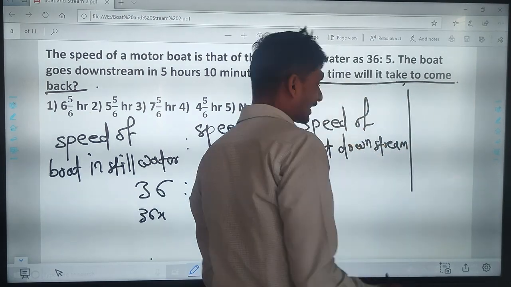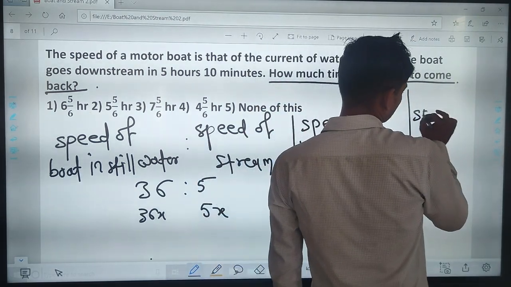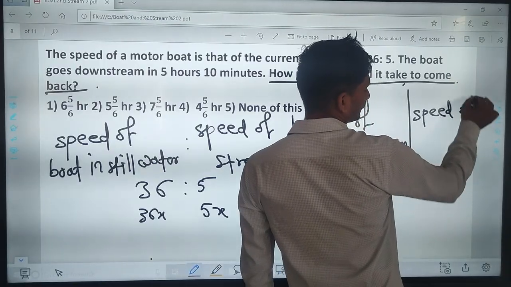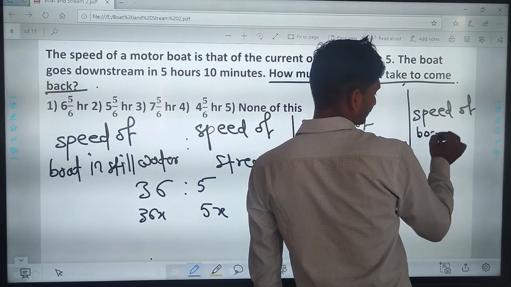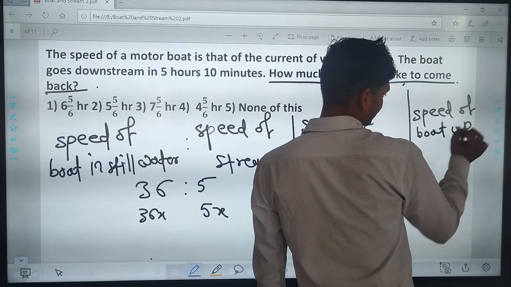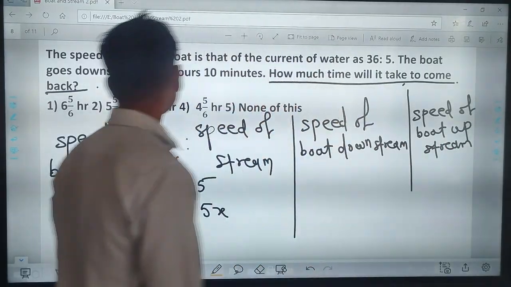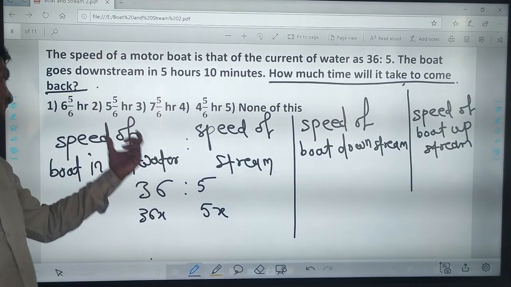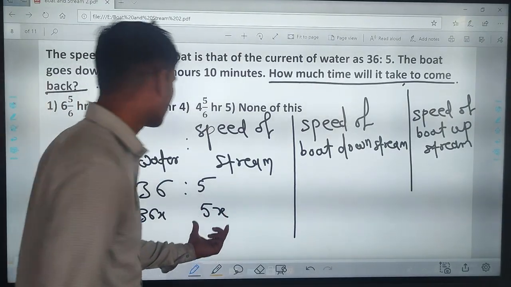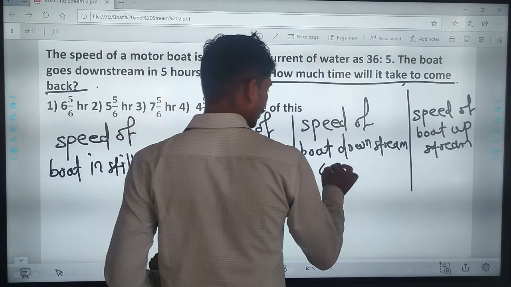Speed of the boat downstream is equal to the addition of the speed of the boat in still water and the speed of the stream, that is 41x.